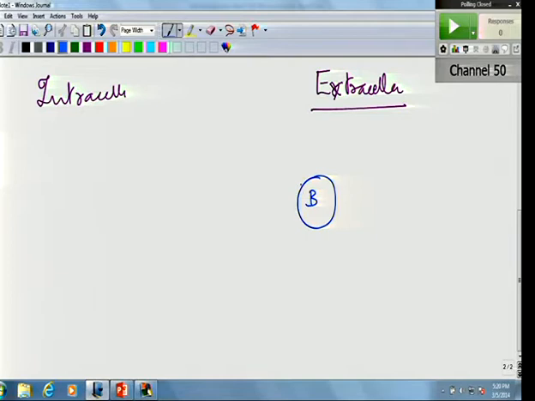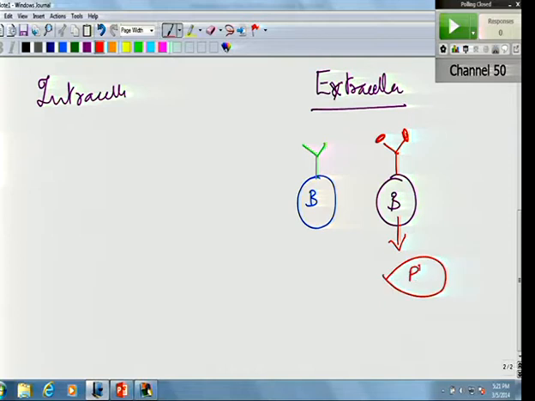So you have a B lymphocyte here and another B lymphocyte also. If this is a non-protein antigen, what's going to happen? It will differentiate into a plasma cell which will secrete only IgM. Stop.